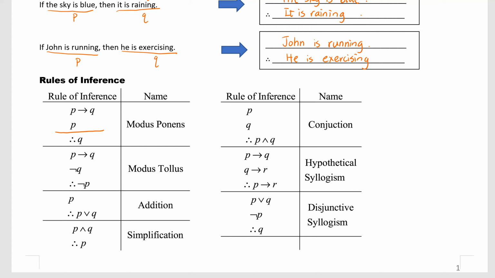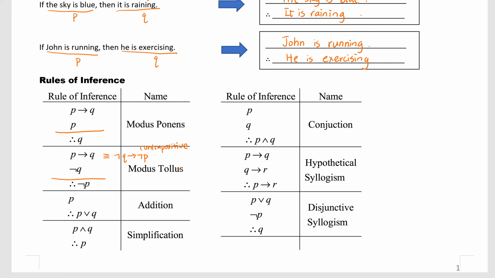Next, P implies Q, not Q, so not P. Do you remember P implies Q is logically equivalent to not Q implies not P? This is the contrapositive. So if not Q is true, that implies not P. And this is called modus tollens.